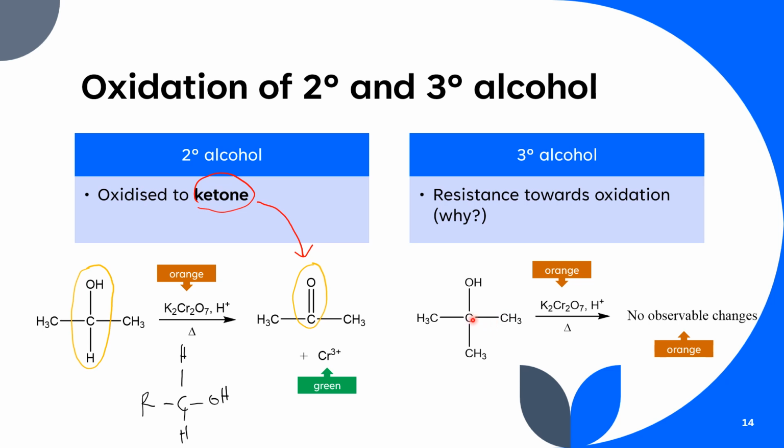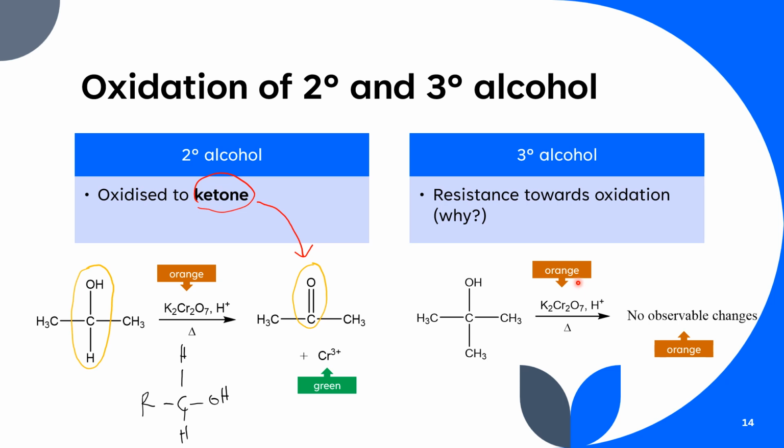Okay, so oxidation proses, kita kurangkan hydrogen, buang hydrogen. So di sini, since there's no more hydrogen untuk kita buang untuk kita lakukan proses oxidation, maka there will be no oxidation reaction for tertiary alcohol. And if you mix this tertiary alcohol dengan potassium dichromate or sodium dichromate, the initial solution will be in orange color.